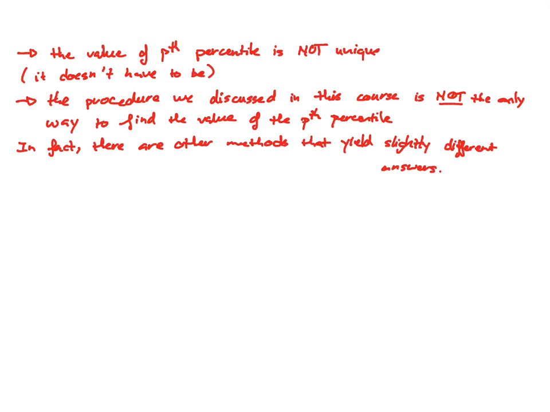And then we discussed something very important, which is the fact that the procedure that we discussed in this course is not the only way to find the p percentile. There are other methods, other ways of finding the same thing. They will give you slightly different answers, but as long as the definition is met, there's nothing wrong with using those methods.